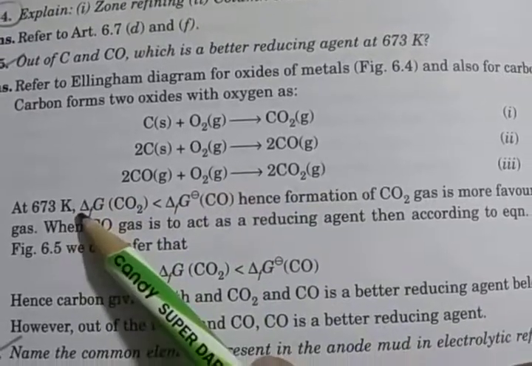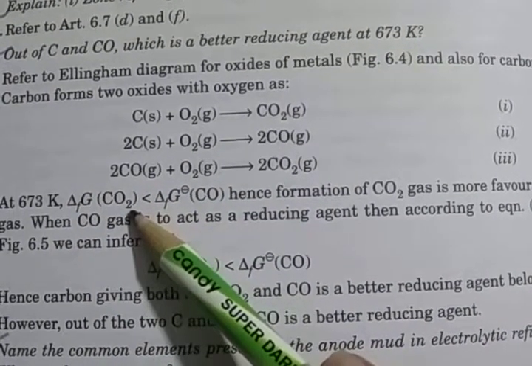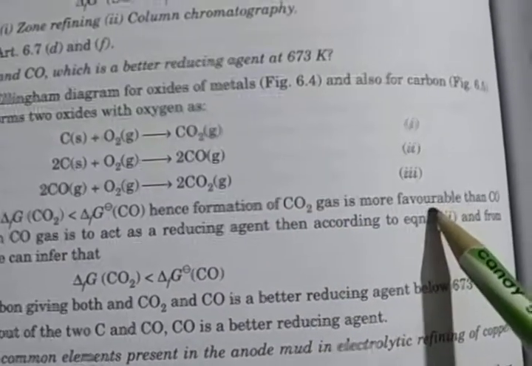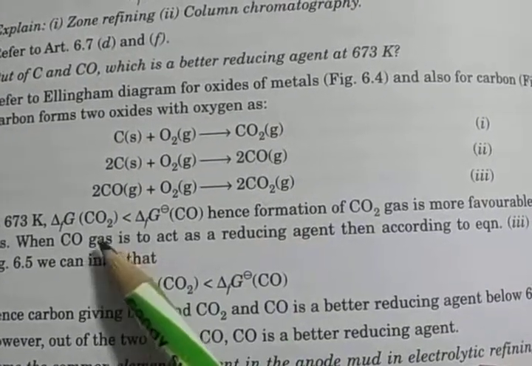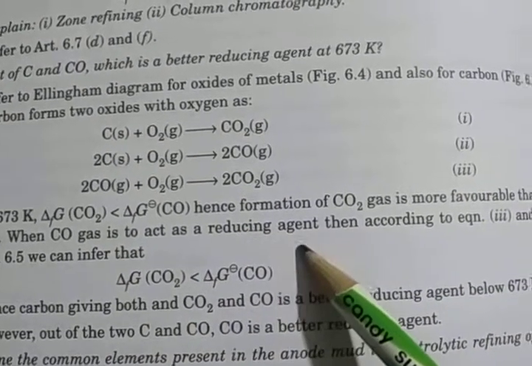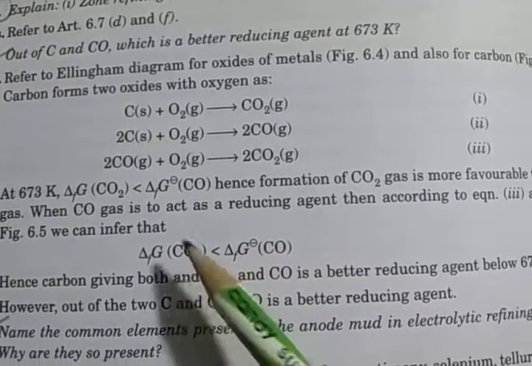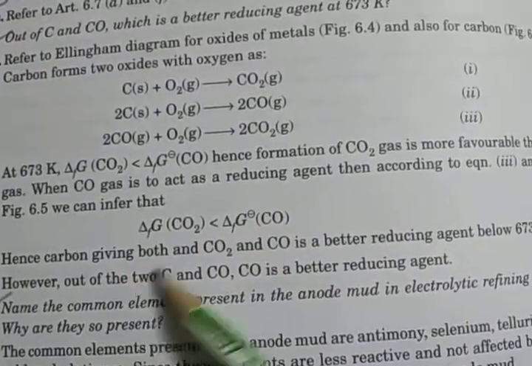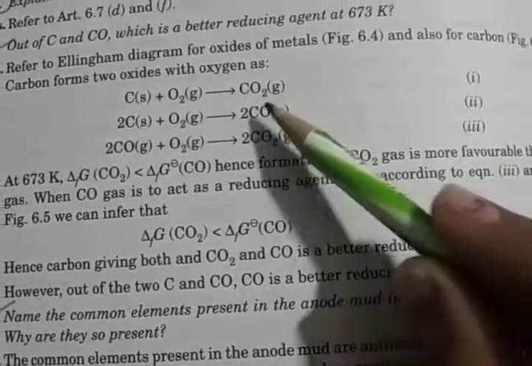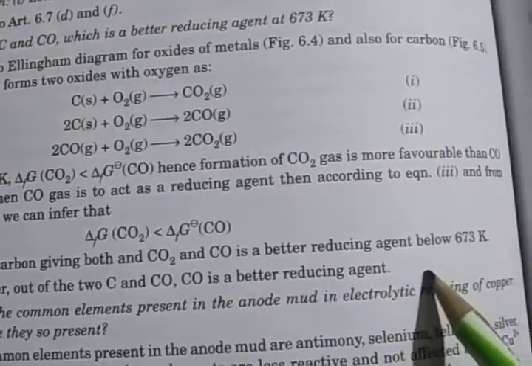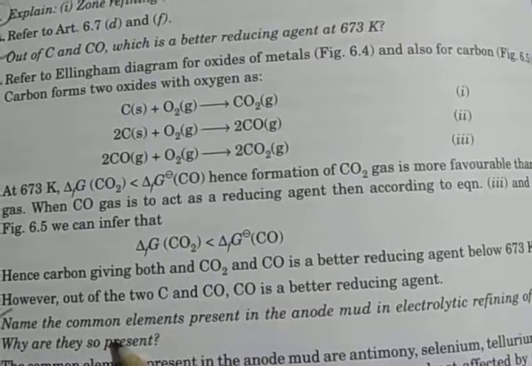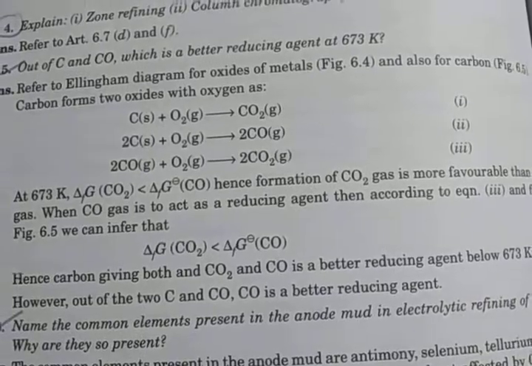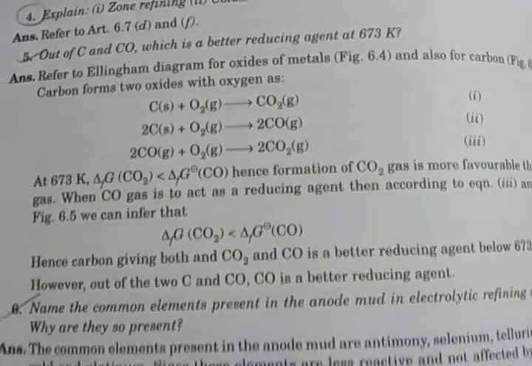But at 673 Kelvin, the Gibbs energy for carbon dioxide is less than for carbon monoxide, so formation of carbon dioxide is more favorable than CO when CO acts as a reducing agent. Hence carbon giving both CO2 and CO is a better reducing agent below 673 Kelvin. However, out of the two, carbon and CO, CO is the better reducing agent. Got it? Next is the 6th question.